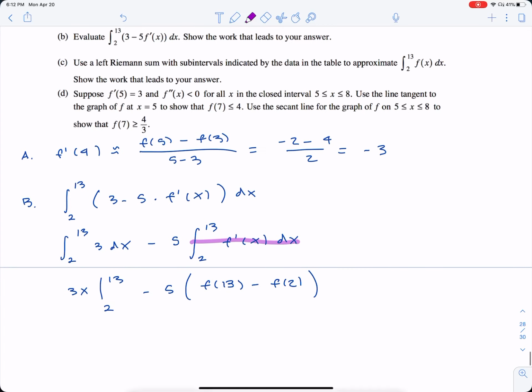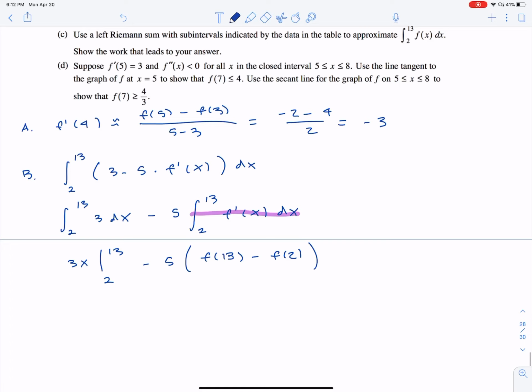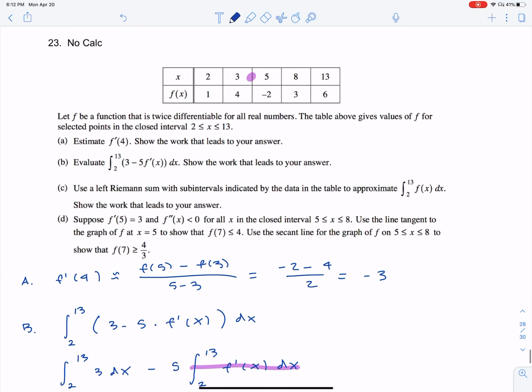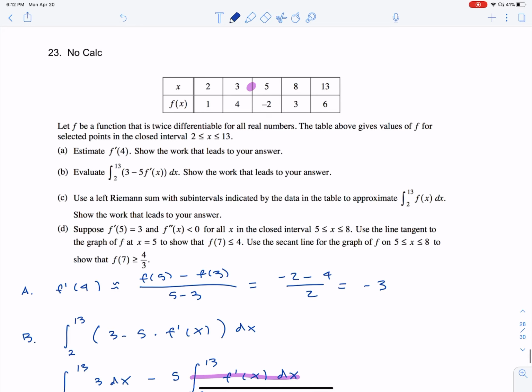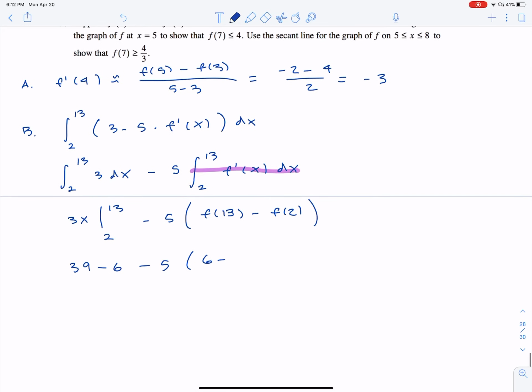Okay, let's finish letter B up. So what do we get here? I get, so this is 39 minus 6 minus 5 times f of 13, which is, I want to say, 6 minus f of 2, which is 1.